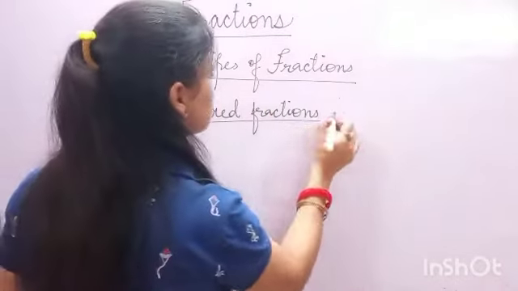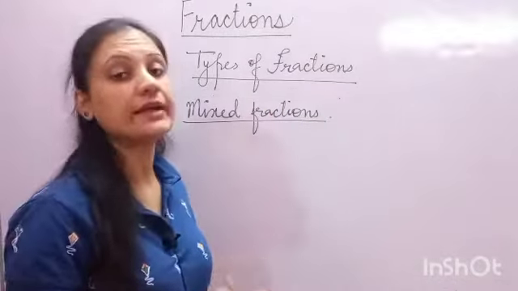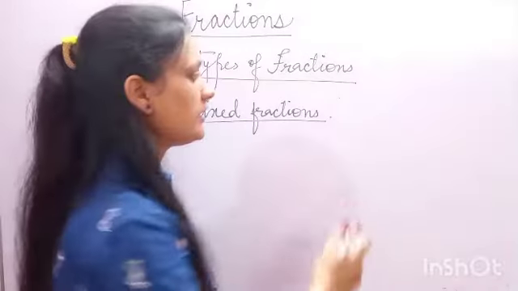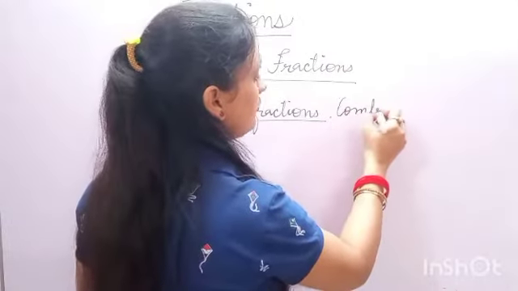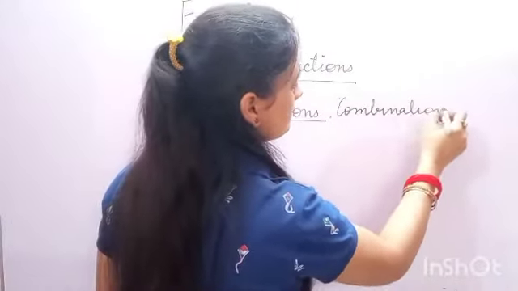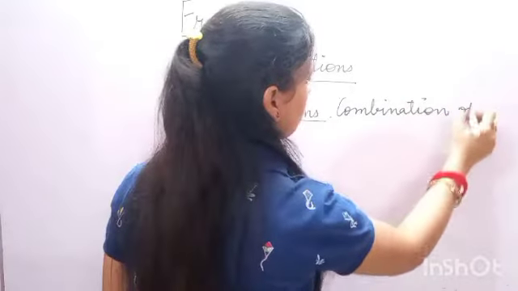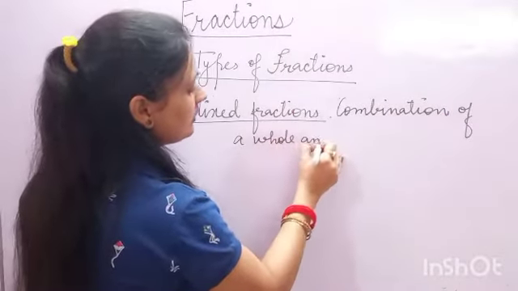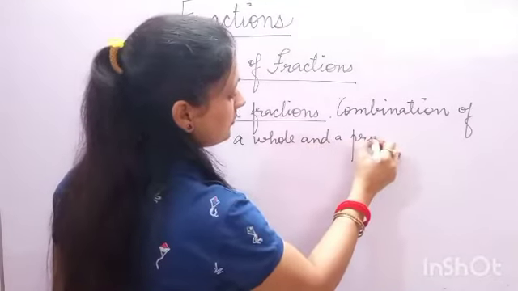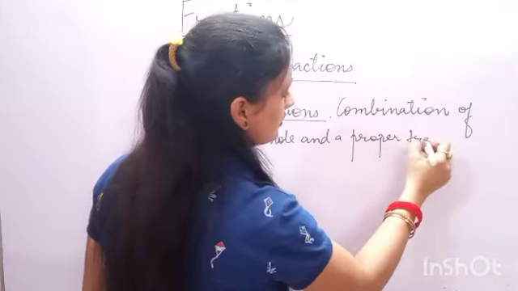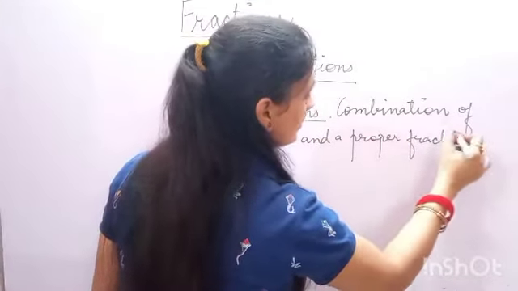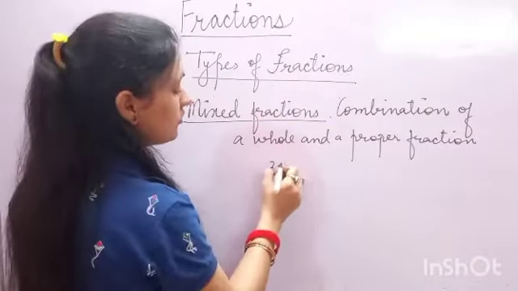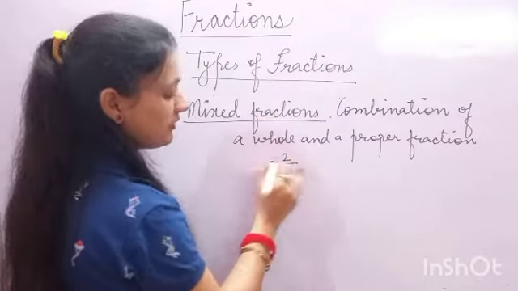Mixed fraction is the combination of a whole and a proper fraction, right? It's a combination of a whole and a proper fraction. For example, 3 whole 2 by 5.